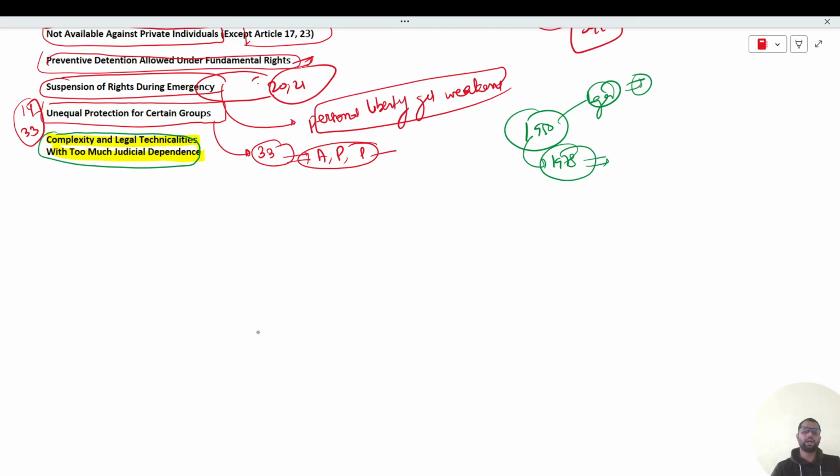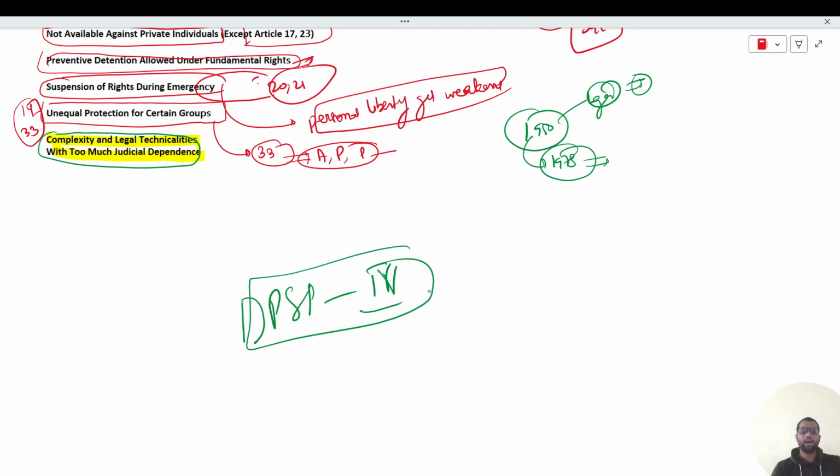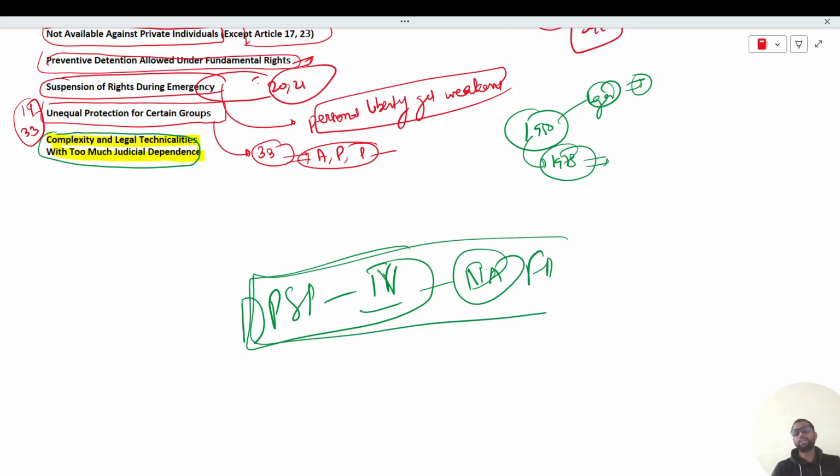Next, we are going to start with the Directive Principles of State Policy, which is Part Fourth of the Indian Constitution, and then Part 4A, where we talk about the fundamental duties. The reason I am being so elaborate and explanatory with each article is that you should remember all the articles from Article 1 to Article 51A by heart, because these are favorite questions that have come multiple times.